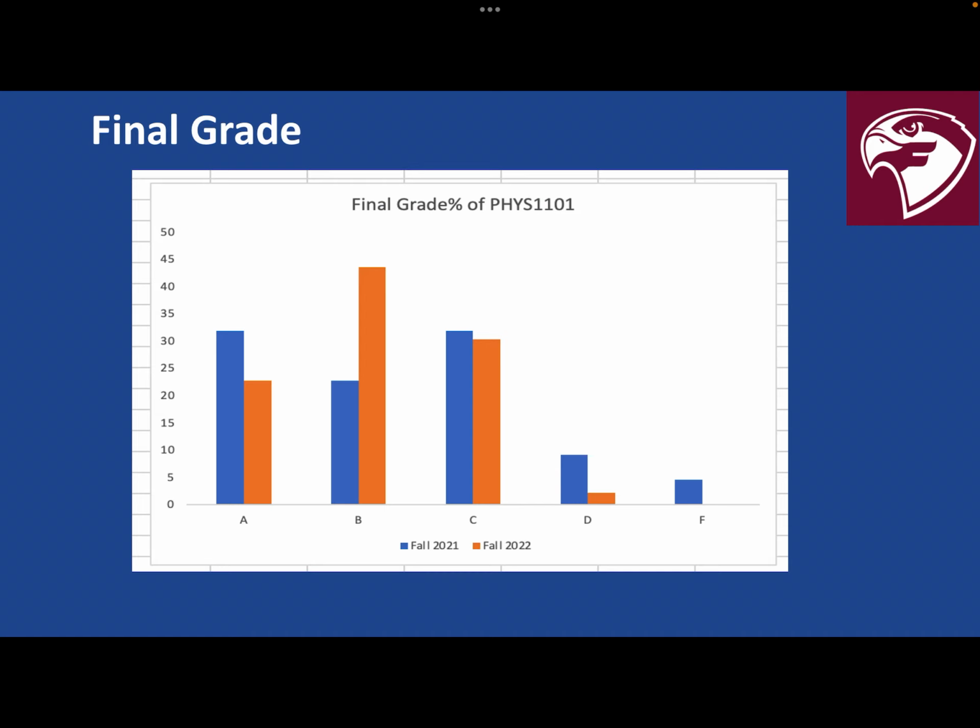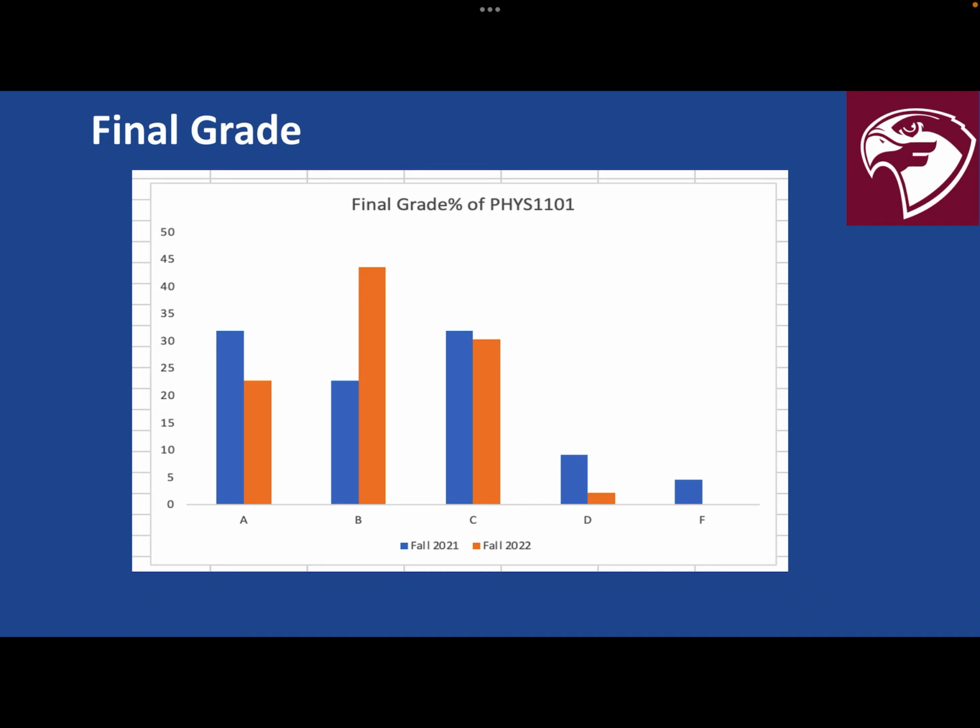You can see here the percentage of students securing grades A, B, C, D, and F in 2 different years. In 2021, around 31% of students secured an A, but in fall 2022, that number decreased to around 23%.